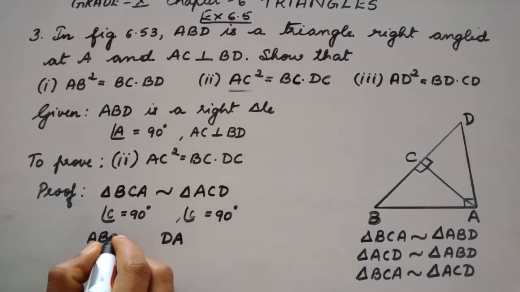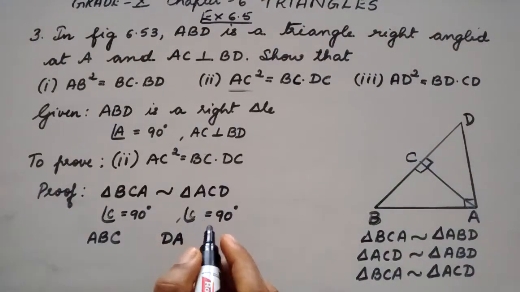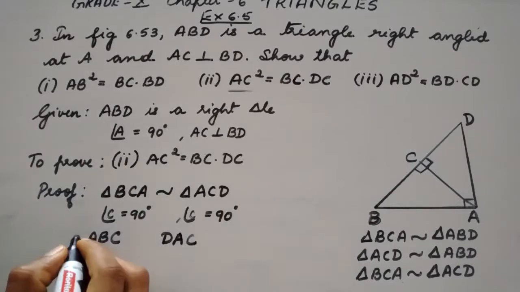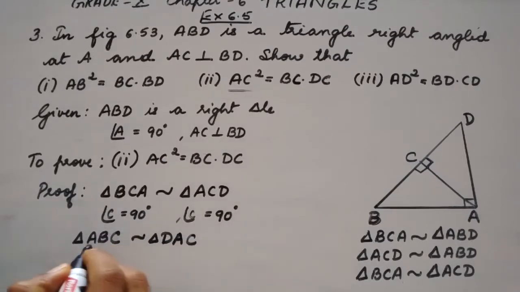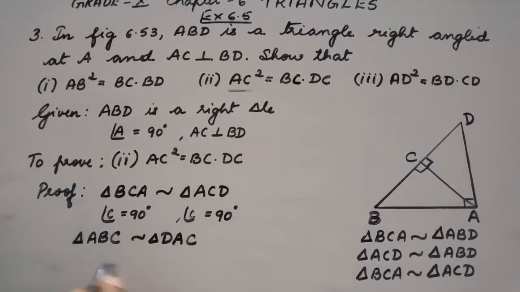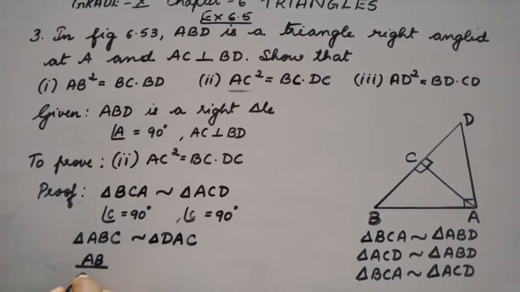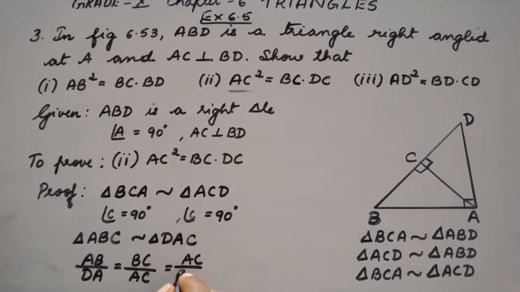In triangle BCA it is C. And which is the remaining vertex in triangle DCA? It is C. So here triangle ABC is similar to triangle DAC. AB and DA are the hypotenuses of triangle ABC and triangle DAC. So let's now write the corresponding sides. AB by DA will be equal to BC by AC, which is equal to AC by DC.